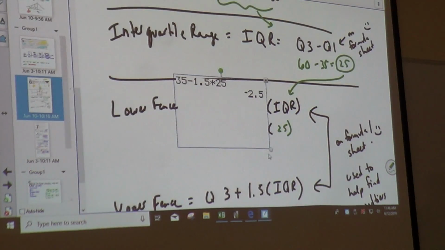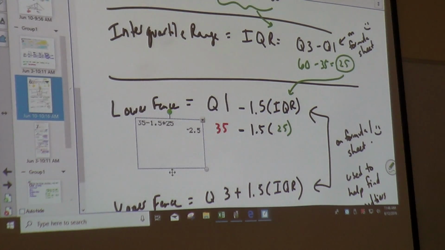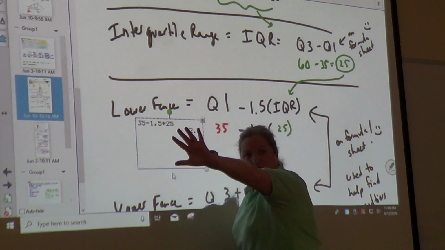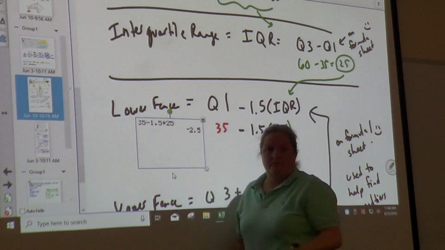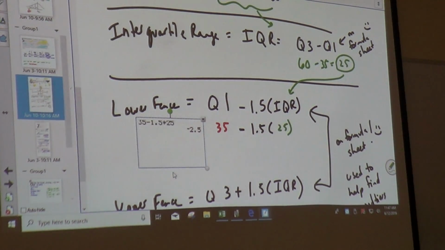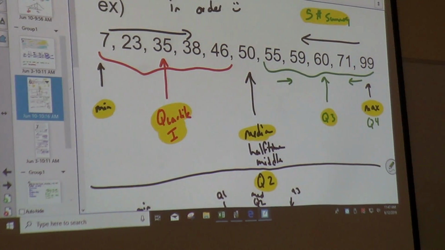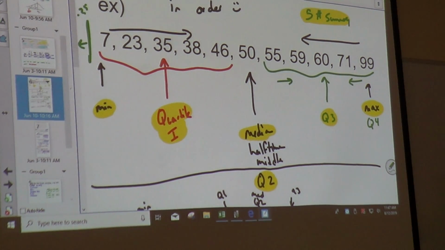That means any data point that is below negative 2.5 is an outlier. Do I have any data point that is below negative 2.5? That is my lower fence. No. So I don't have any outliers on the negative side.